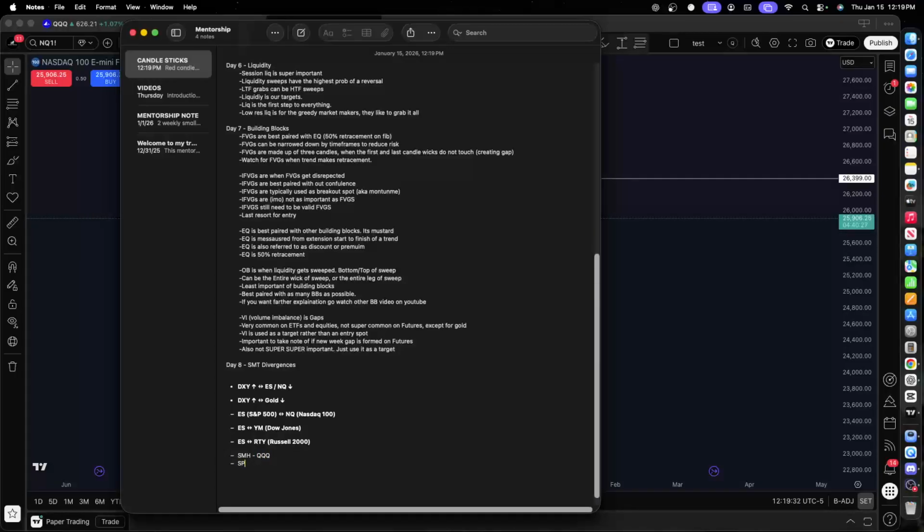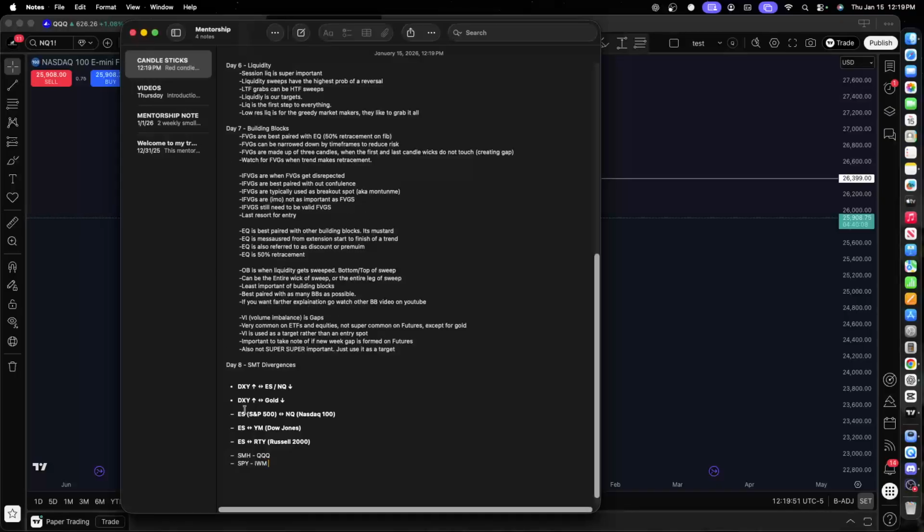Just like you have SPY to IWM, right? That'd be another one that I would be cool with, these two. But we're going to be really focusing on the equal ones. And for examples, we're really going to be focusing on ES and NQ just because it's what I use every day. And I think it's what you guys need to know.